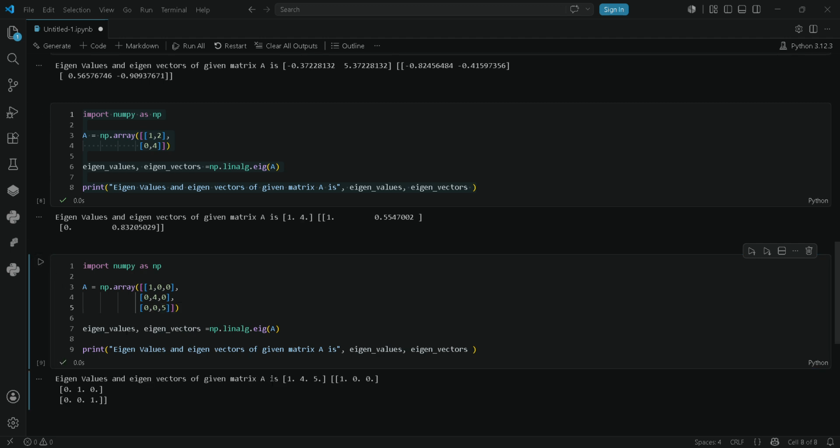The eigenvalues of a diagonal matrix are the same as the diagonal elements, so we get the eigenvalues 1, 4 and 5.